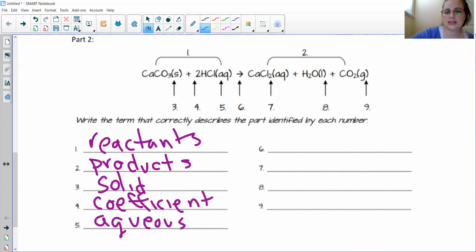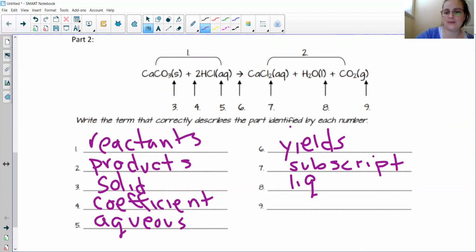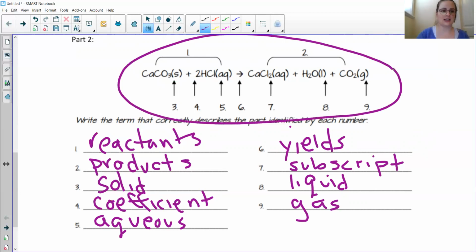Number 6 is pointing to the yield sign, which we say to produce. Number 7 is pointing to the subscript, which we do not change when we are balancing. Number 8 is pointing to the L for liquid. And number 9 is pointing to the G for gas. The whole thing is a chemical equation.